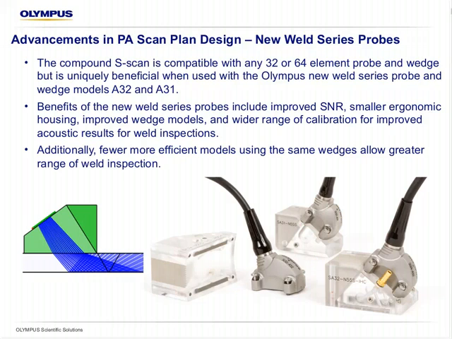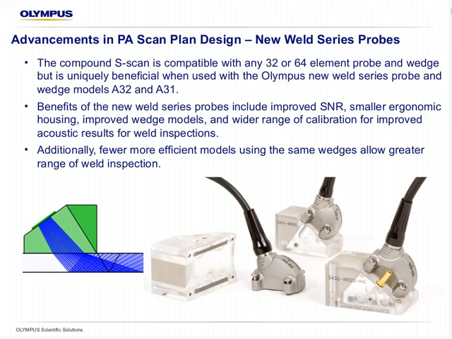And then the A32 housing, which comes in a large 1 millimeter pitch, 32 element configuration for heavy wall, thick vessel, large apertures, or twice as many elements, 64, at half the pitch, 0.5, that uses the same housing, thus enabling use of the same wedges for a wide range of inspections.